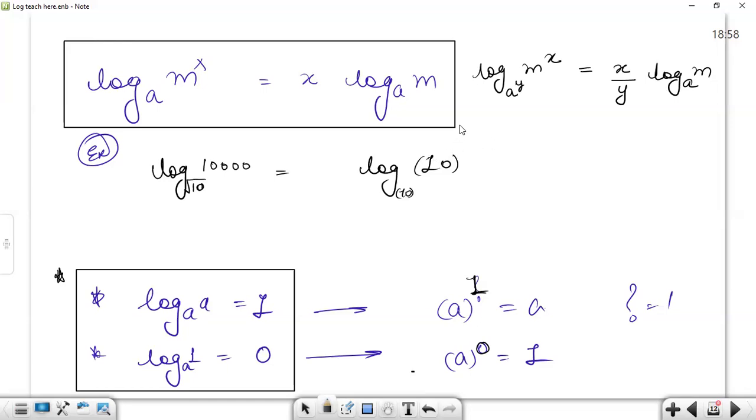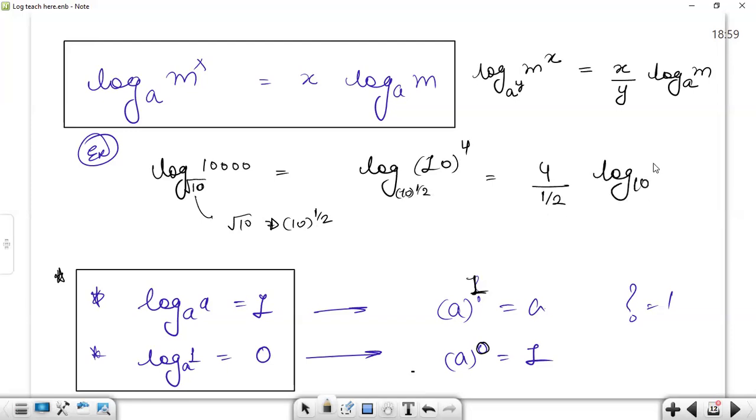Logarithm of 10 raised to power 4, to the base 10 raised to power half. So we will multiply this in front, and whatever is there will get divided.